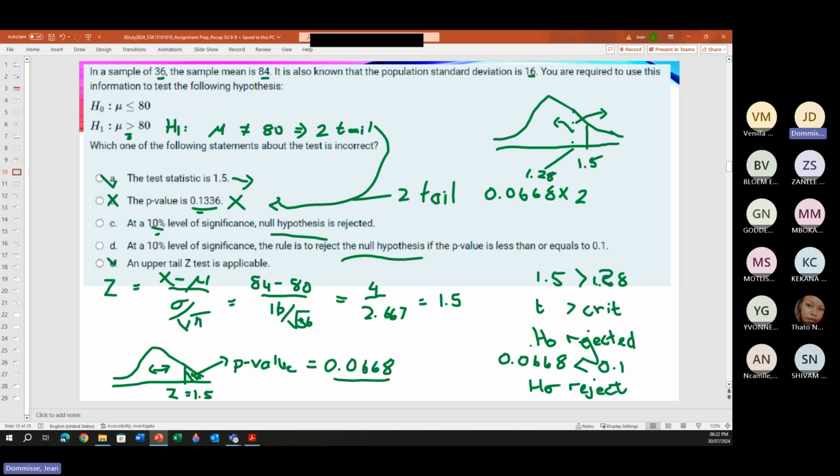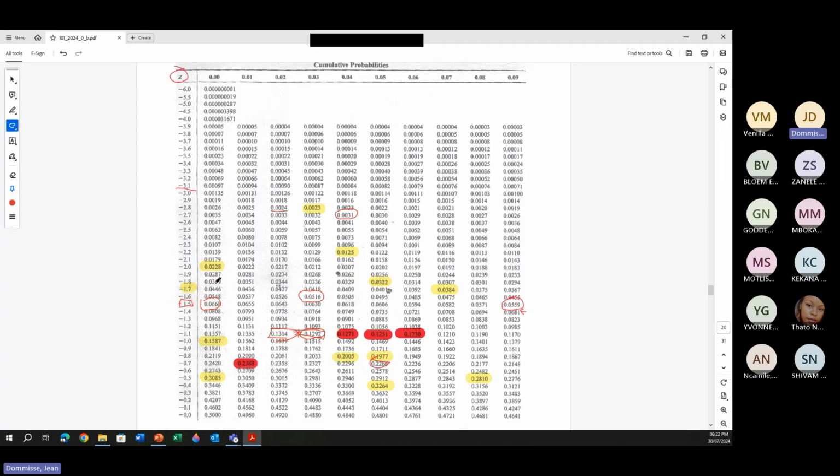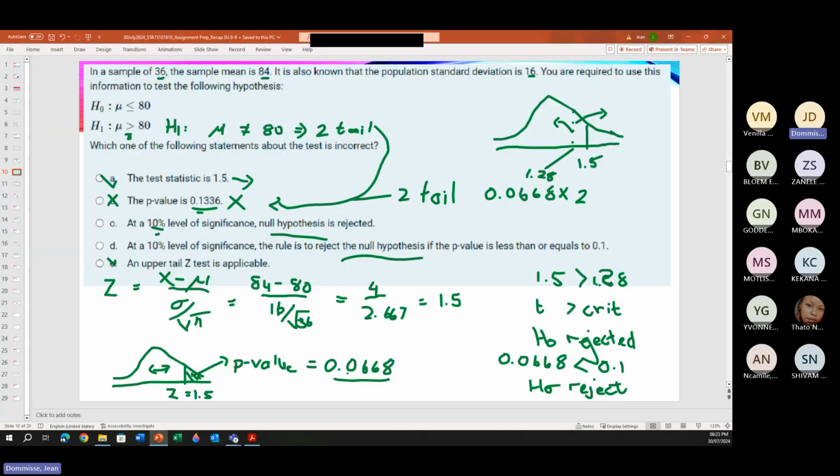The bigger the Z value that you work out, the smaller the p-value will become. So if we look at a Z of 2,5, so now you suddenly get 0,0062.